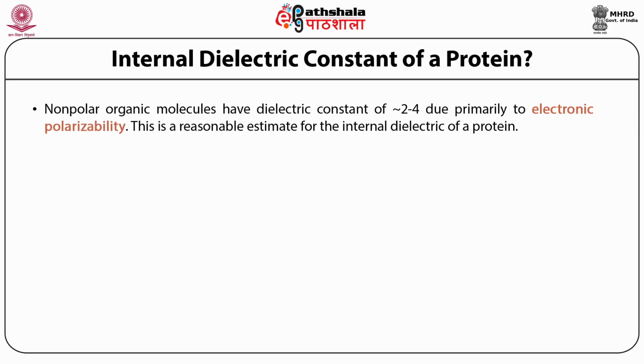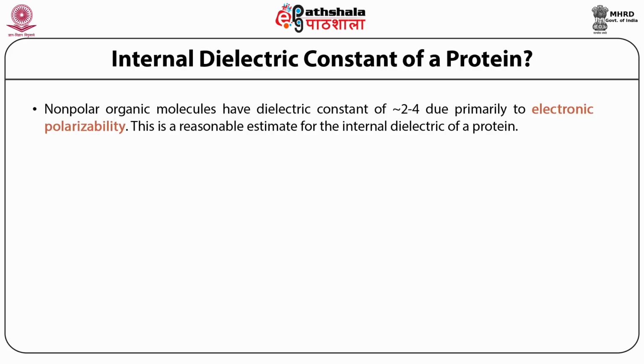So this is a reasonable estimate of an internal dielectric constant of protein, because protein internally mostly behaves like a nonpolar. So most of the protein core, when the protein folds, the core residues are interacting with hydrophobic or van der Waals interactions between them, which stabilizes themselves.